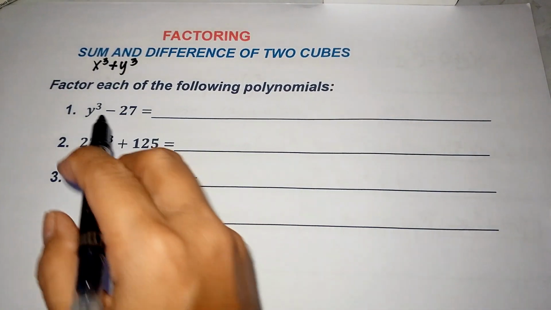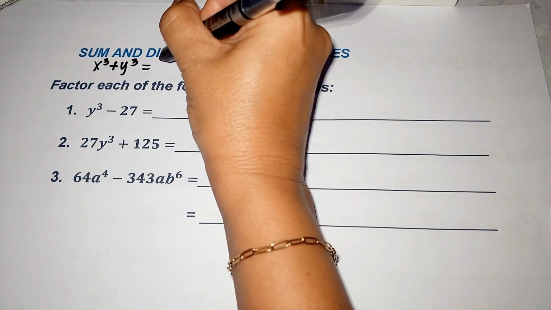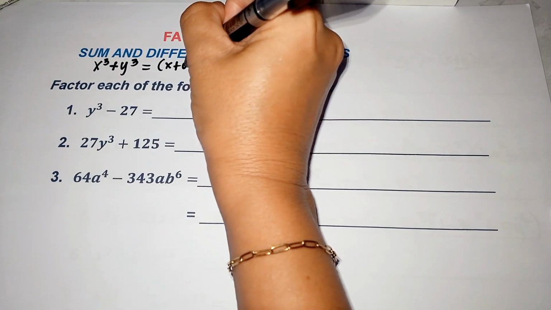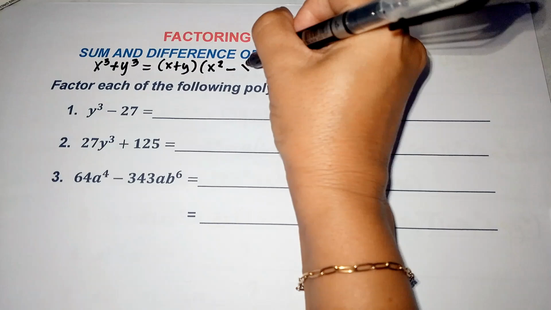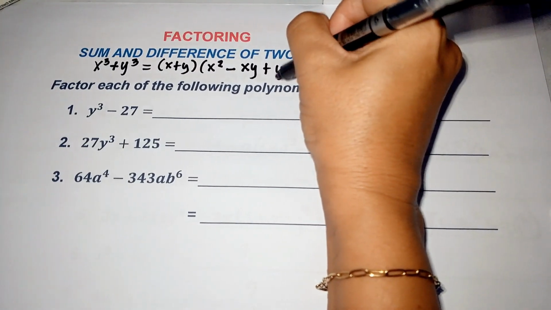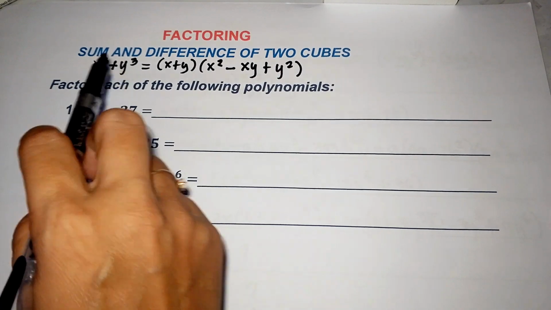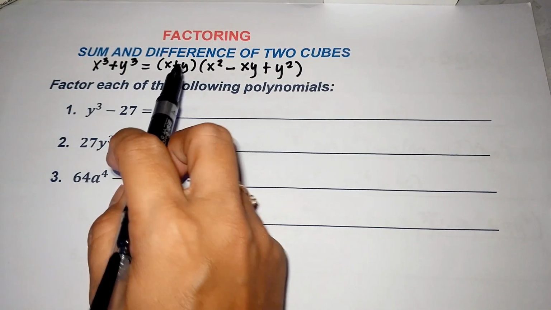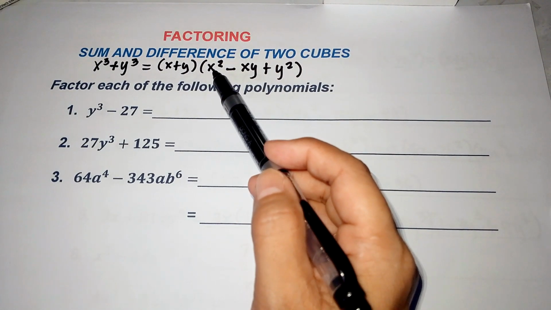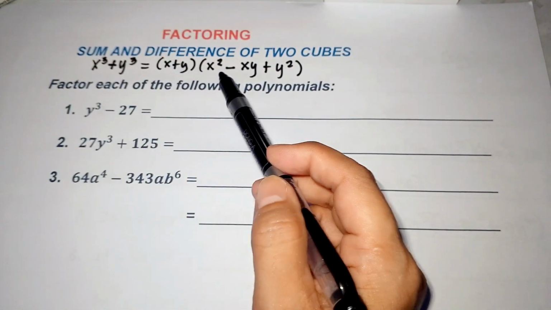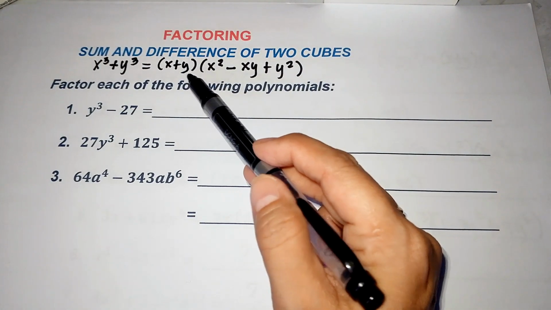We have learned that to factor x cubed plus y cubed, its factors will be x plus y times x squared minus xy plus y squared. So if we have a sum of two cubes, we have the sum of their cube roots, and then for this other factor, this trinomial, it will be composed of the square of the first term, then the product of these two terms, then the square of the second term.